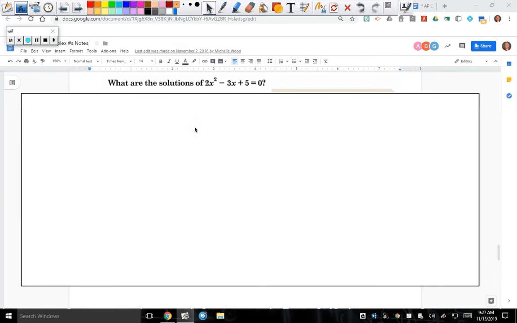All right, so if I asked you to factor this, and I gave you free rein to do it however you wanted, my hopes are that you would do the following. That you would go to 2x and x to give you the 2x squared. That you would think of numbers that would give me the 5. So 1 and 5.